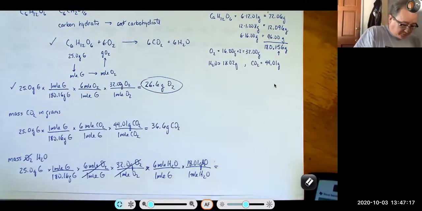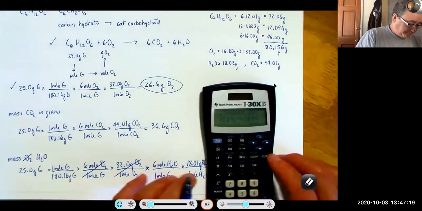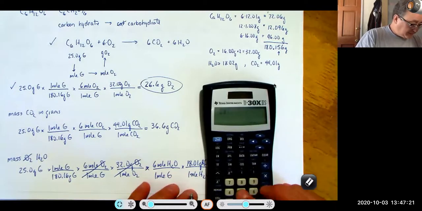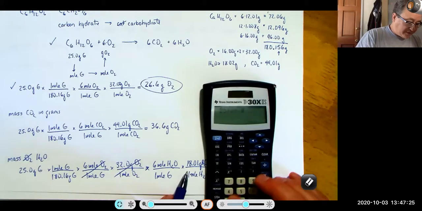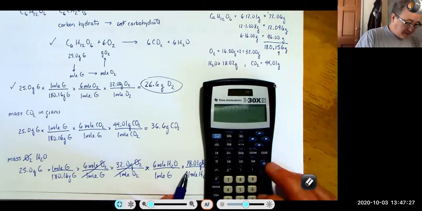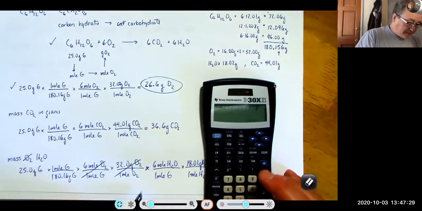Okay, so for my calculator, I've got 25 times 6 times 18.01 divided by 180.16.